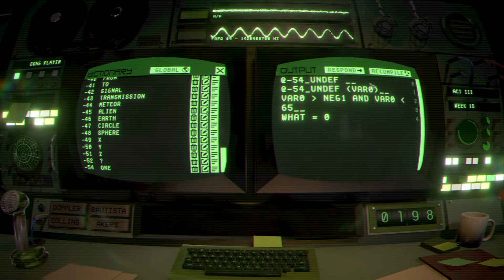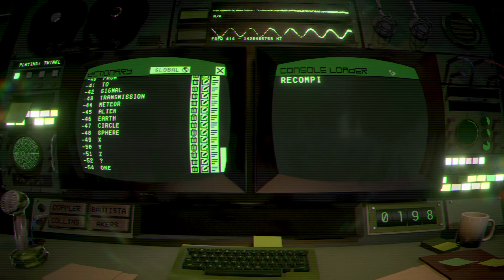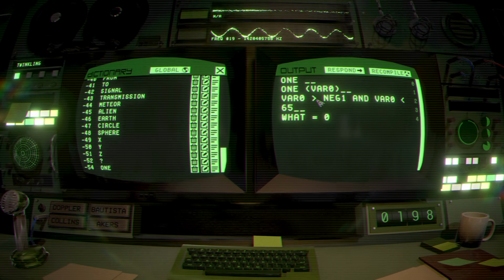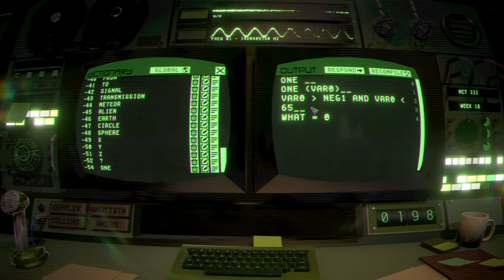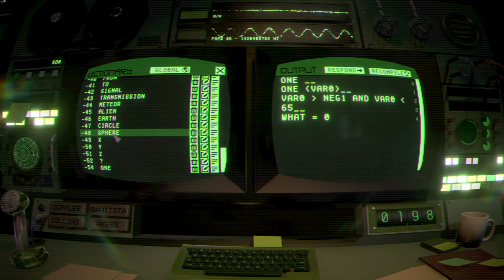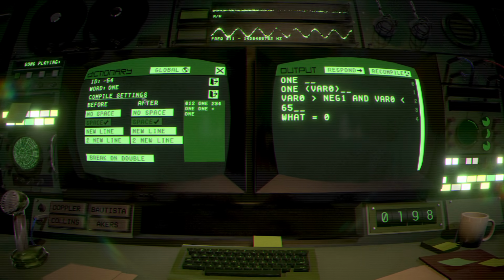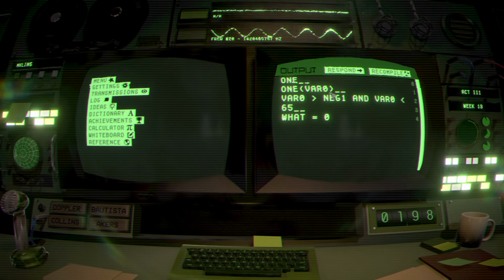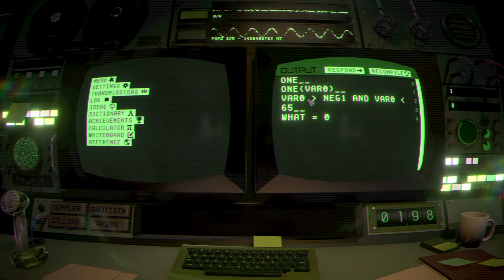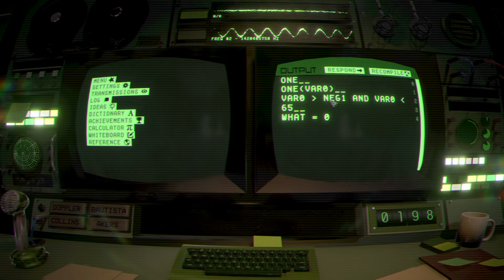Call this one 1 for now. Because no idea what this one is. So something with variable 0 is larger than -1.